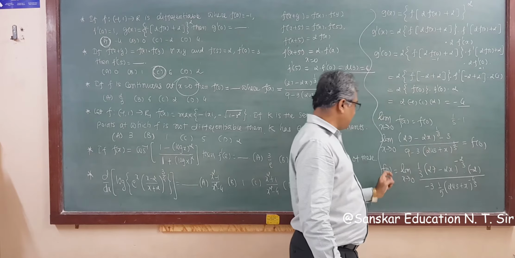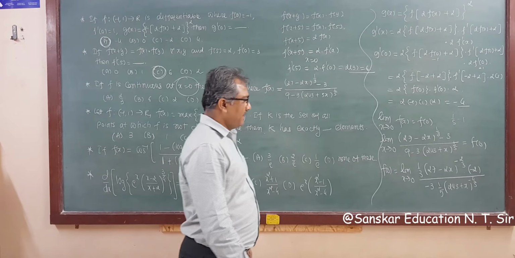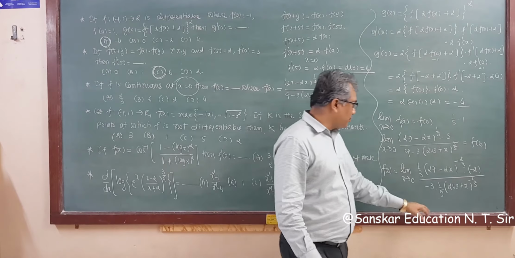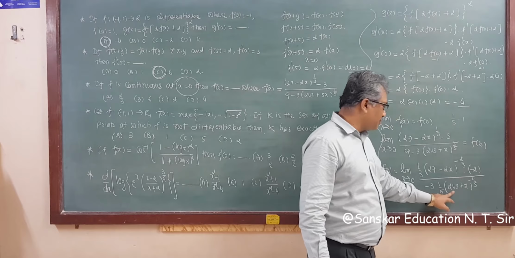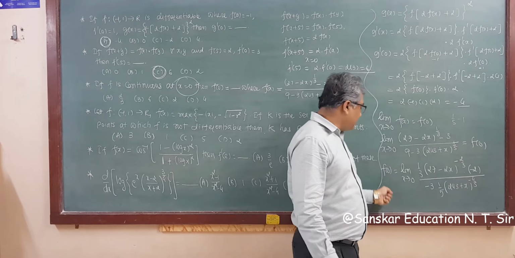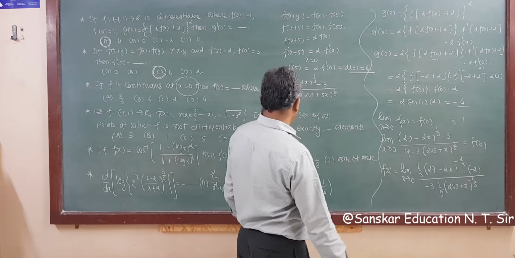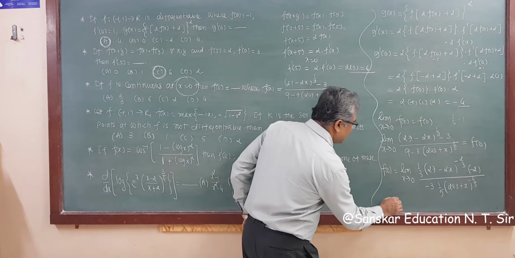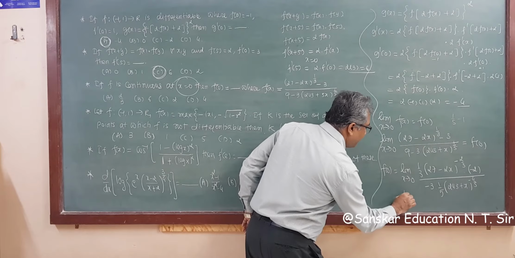And f(0) is here on the front side. Now if we apply x equal to 0, the denominator is never equal to 0 because there is a 243. So applying the limit directly, what we get here is 1 upon 3.